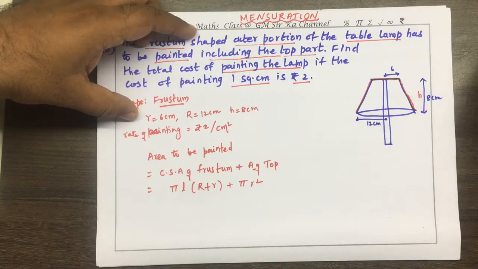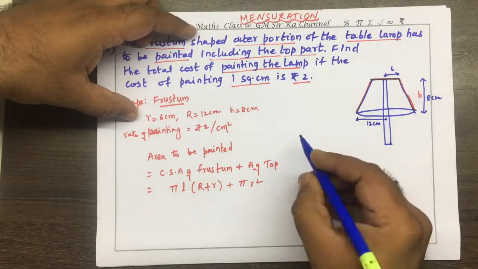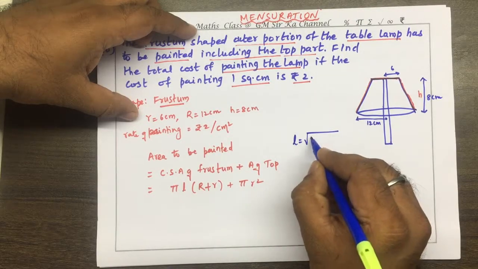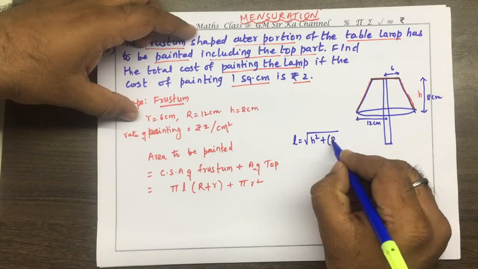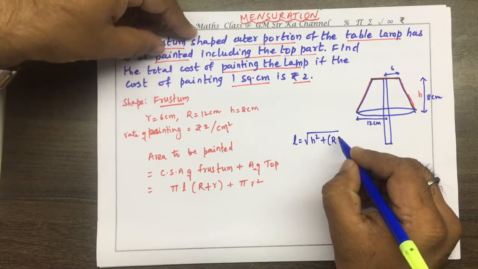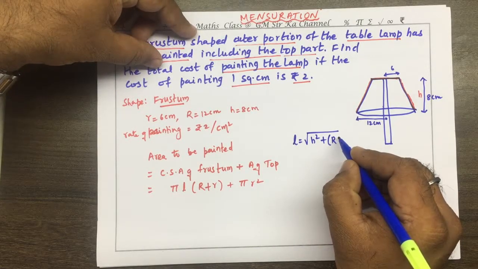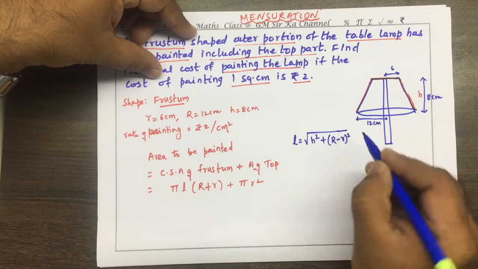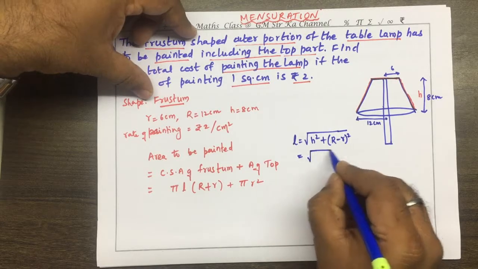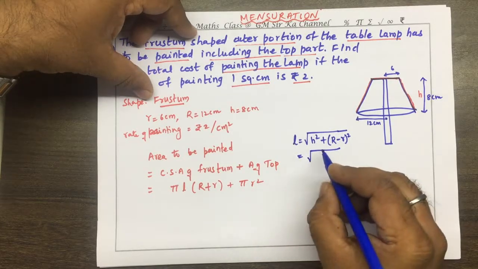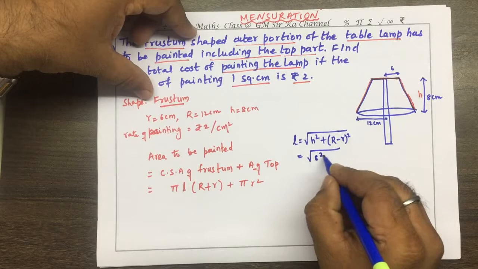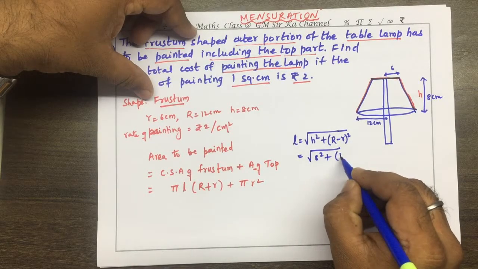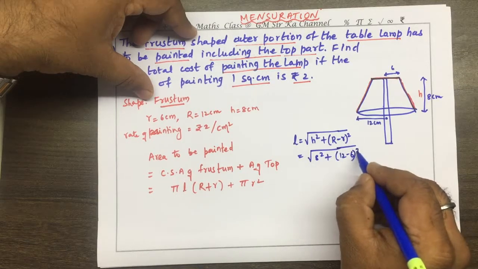So the slant height is given by the formula L equal to square root of h square plus capital R minus small r the whole square, which is h square is 8 square plus 12 minus 6 the whole square.